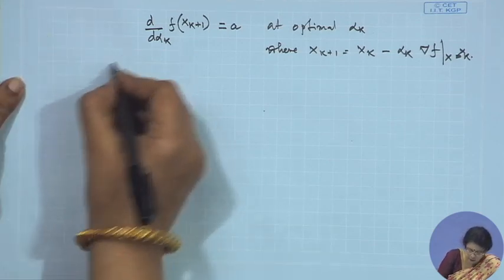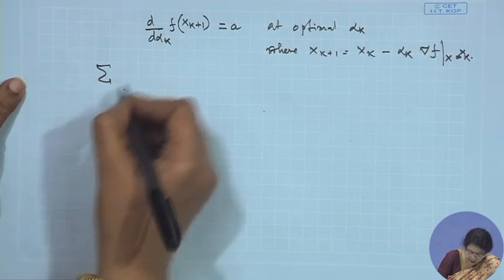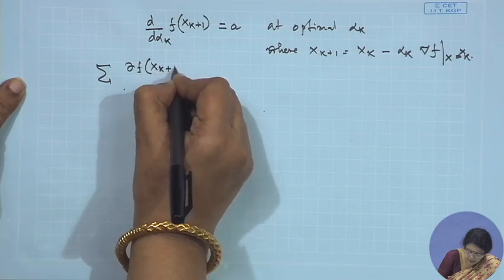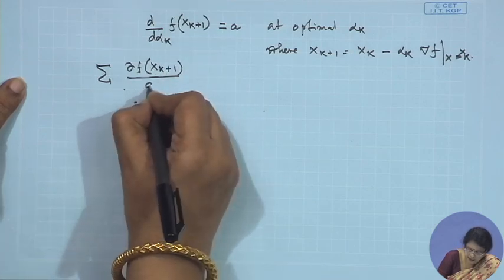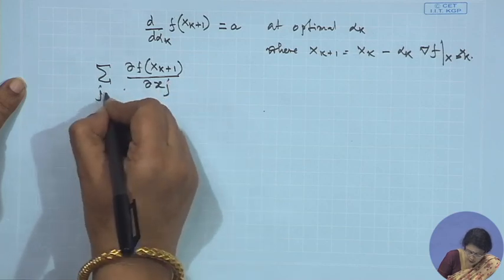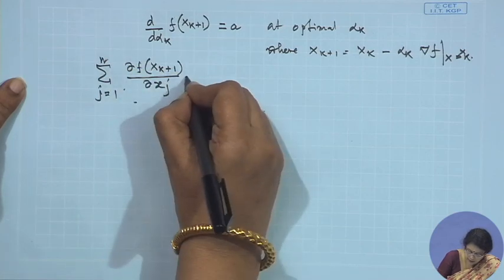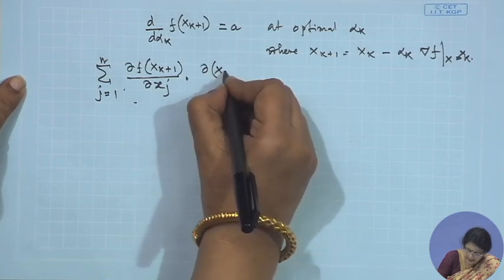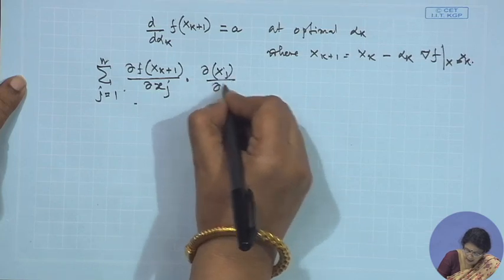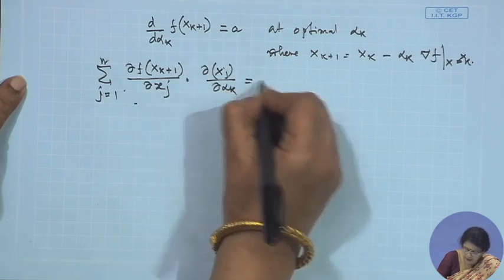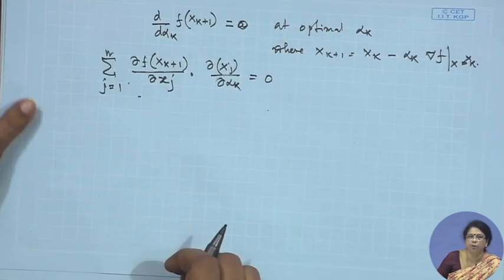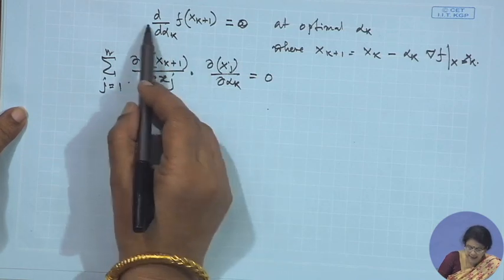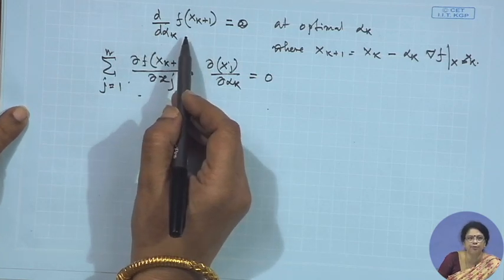That is why, if we just use the chain rule here, we get that the sum over j equal to 1 to n of del f(x_{k+1}) divided by del x_j, into del x_j by del alpha_k, must be equal to 0. From here we can say, through the chain rule, all right, that this is the necessary condition for optimality of alpha_k.